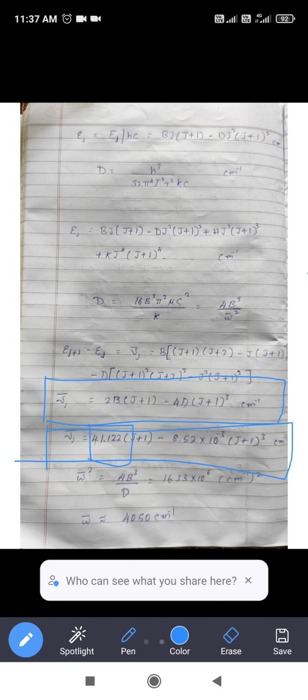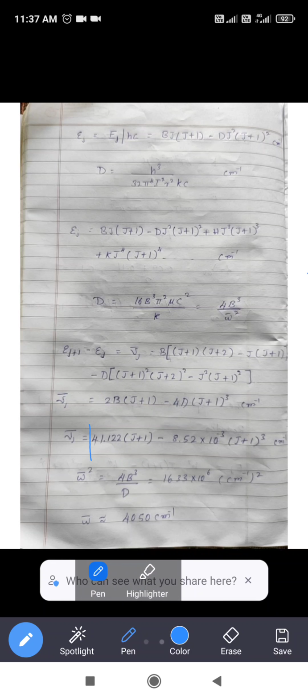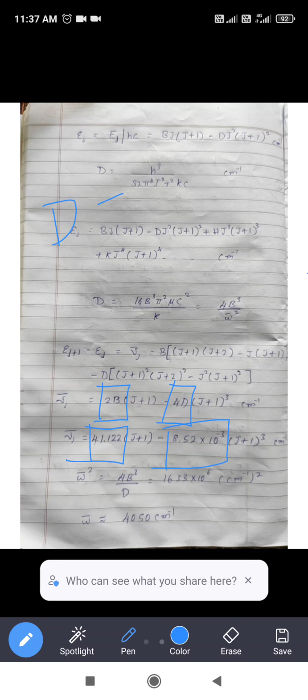Here this is 2B and this is 4D. Here D is in terms of 10 power minus 3, while B is in terms of 10. Here B is greater than D.